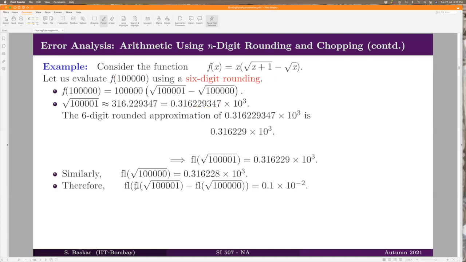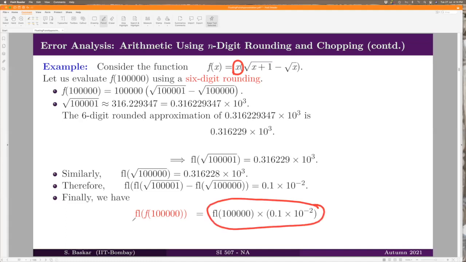Therefore, what our computer will do is it finds this, and then it subtracts. Whatever number comes as the output of this subtraction will be further approximated using 6-digit rounding, and that is given by this value. Now, finally, you have to multiply that number with x, that is 1 lakh. So FL of 1 lakh is again 1 lakh only, into this, and whatever answer comes will again be made a floating point approximation.